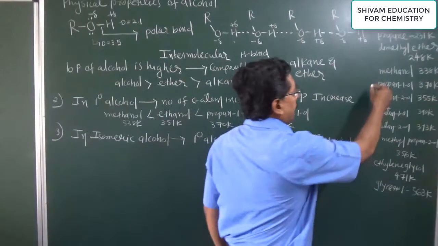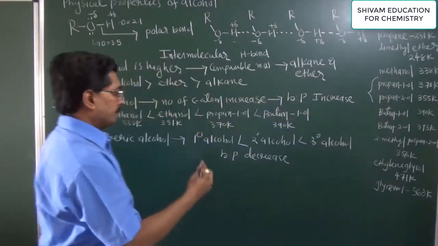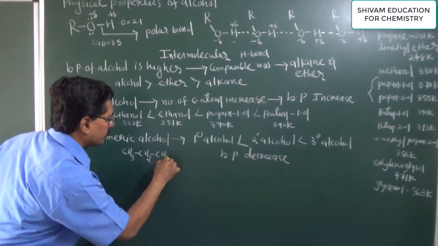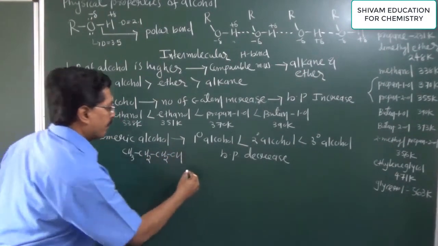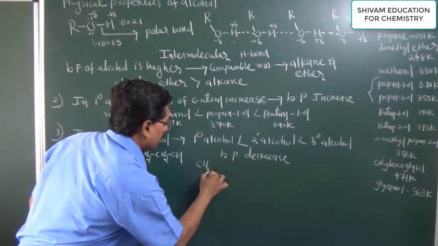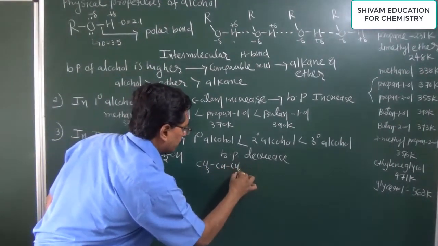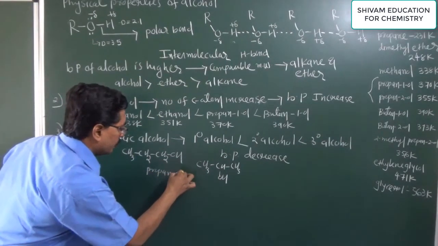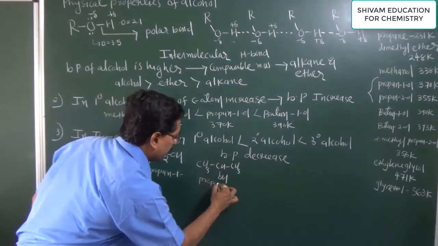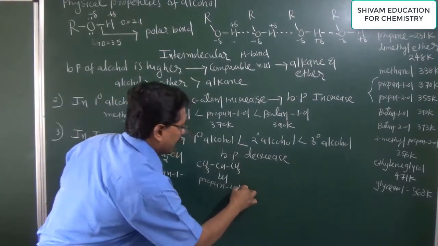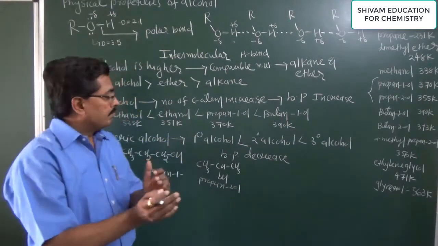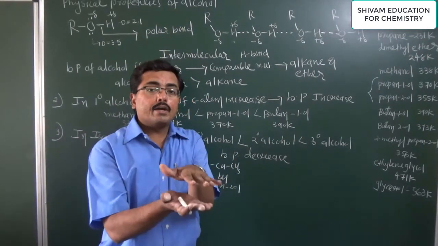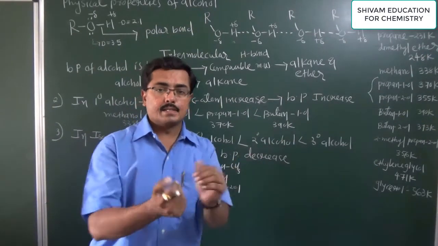Suppose as an example I take 1-propanol and 2-propanol. The structure of 1-propanol you know very well, CH3CH2CH2OH, and 2-propanol. It is observed that going from primary to secondary and secondary to tertiary alcohol, the intermolecular distance is increasing.